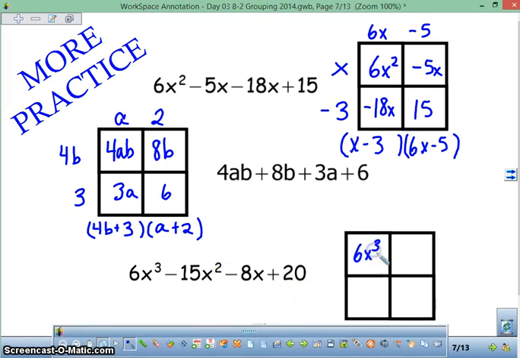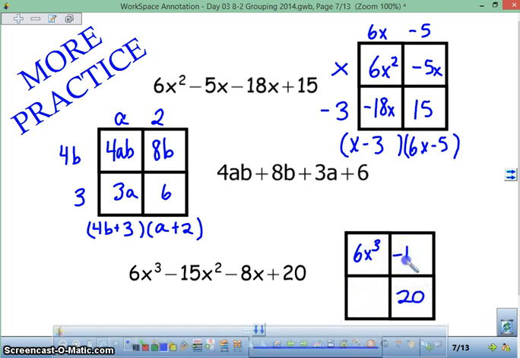6x cubed goes here. 20 goes down here. Let's put negative 15x squared here and negative 8x here. Greatest common factor here, think carefully. It's 3x squared. Greatest common factor here is negative, so the sign matches the nearest box, 4.